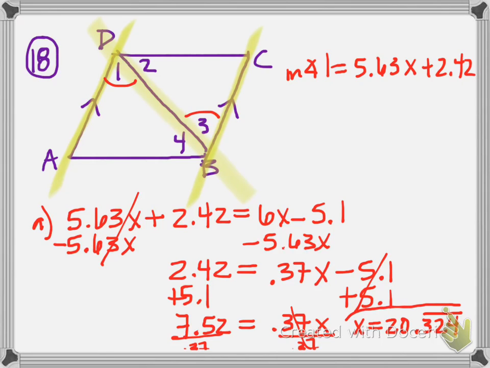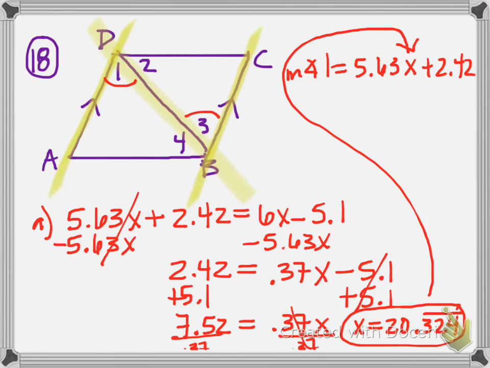So what you can do is leave this 20.324 repeating in your calculator so that it's not rounded, and then you just multiply that by 5.63 and then add the 2.42 to it. You're going to get something that's approximately equal to 116.85. That is the measure of angle 1. That's an approximation.